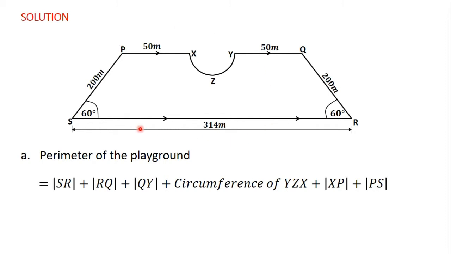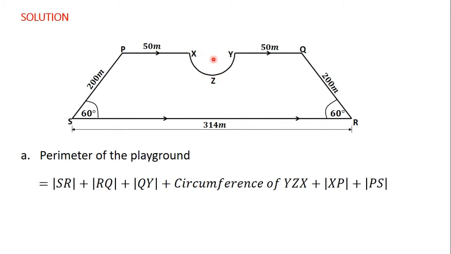We can see from this diagram that we have SR, we have RQ, we have QY, we have SP, and we have PS. What we don't have is the circumference of YZS, and that is what we need to find.